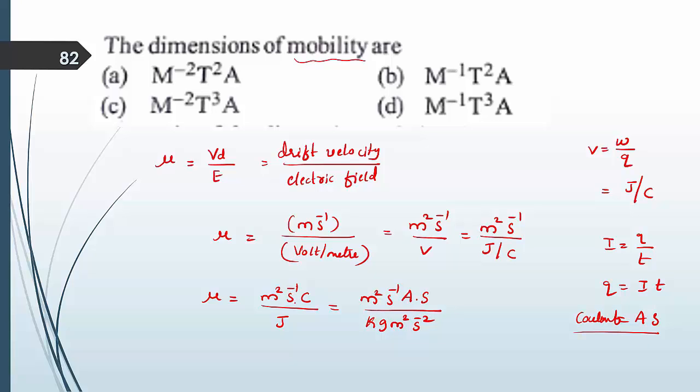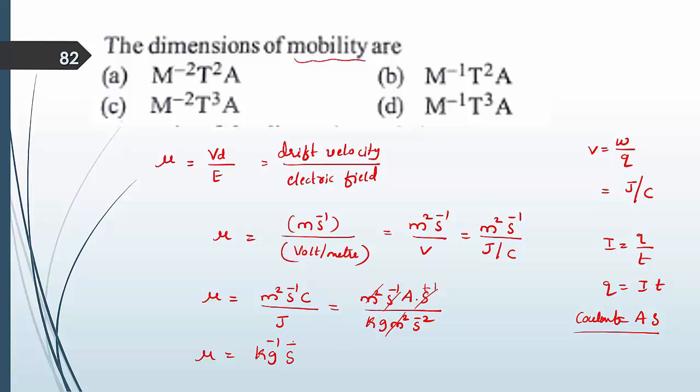Now, which terms will get cancelled? You can observe, meter square will get cancelled. Then we will get the answer mu equal to per kg, s raised to minus 1, s raised to plus 1, these two will get cancelled.